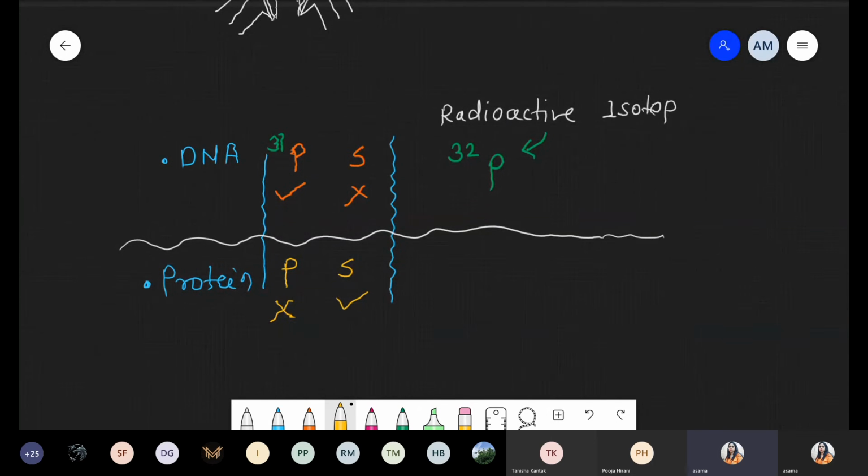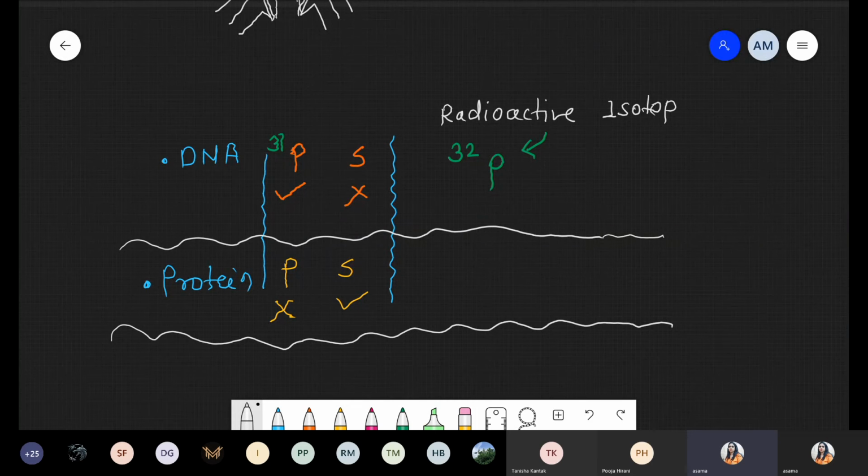Sulfur, because we know that proteins are made up of amino acids, and out of the standard 20 amino acids, 2 amino acids contain sulfur, methionine and cysteine. So methionine and cysteine are the 2 amino acids that contain the sulfur group. So whenever we are talking about protein, it lacks the phosphate group, but definitely consists of the sulfur group. Examples are methionine and cysteine.